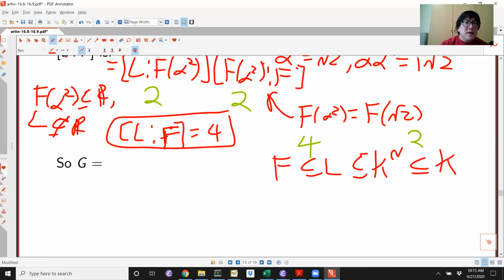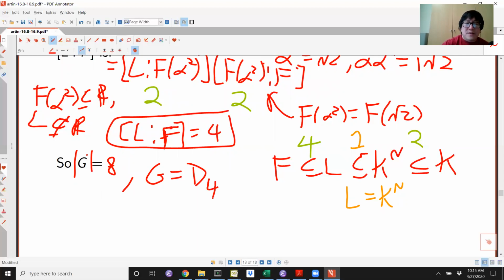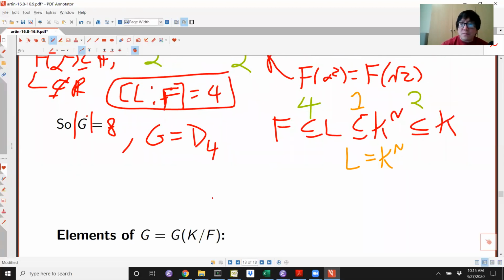And so we deduce that this degree in the middle has to be 1. There's only one suspect, and so L is equal to the fixed field of K. And so we also deduce that the order of G is 8. And by process of elimination, there's only one group of order 8 in our list of possibilities, and so G must be equal to D4.